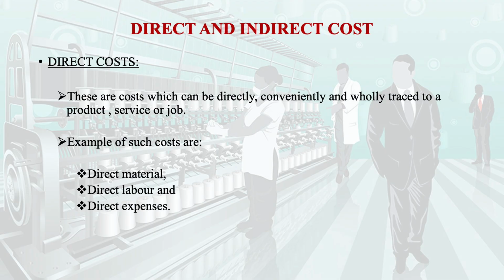Now, there are two types of cost: direct and indirect cost. Direct costs are the costs which can be directly or conveniently traced to the product, service or job. Examples of such costs are direct material, direct labor, direct expenses.